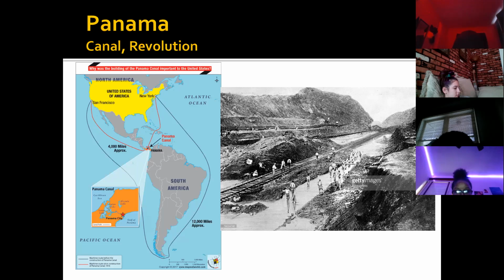And one of the terms for getting their help is that the citizens of Panama had to sign the canal over to the United States.